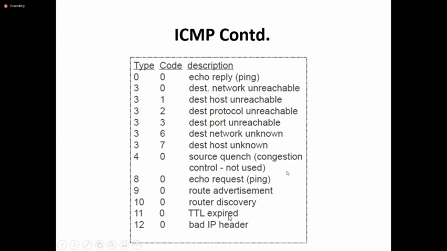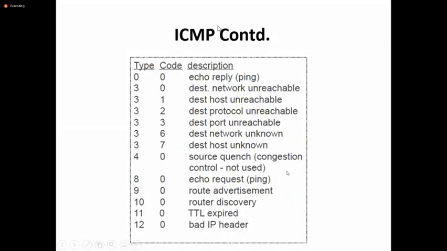Then TTL expired. If you have a low TTL value and it expires in the middle, then you will get this error code in the reply. Bad IP header, yeah, these happen according to the situation.